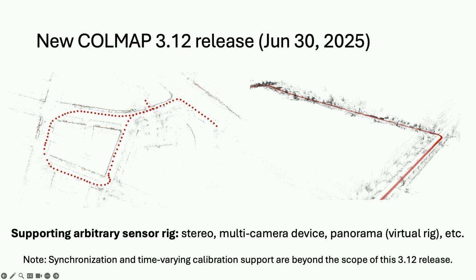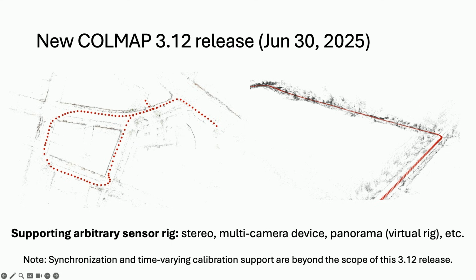Speaking of the new COLMAP 3.12 release happening early this year, in this new release, we also supported arbitrary sensor rigs that are not limited to the Aria camera, but also stereo or any arbitrary multi-camera device, and also panorama SFM, where you can render virtual images and consider them as a rig.